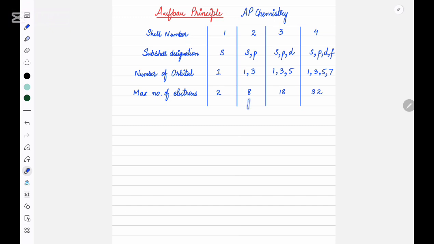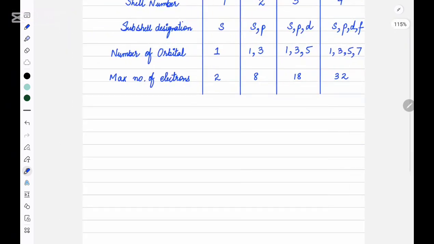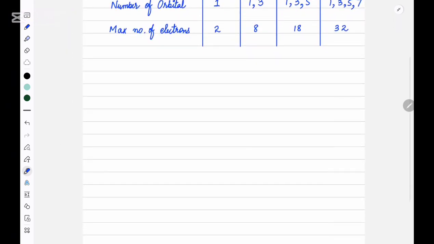The second shell would have 8 electrons. The third shell has s, p, and d subshells, having 1, 3, and 5 orbitals, with a total of 18 electrons. Then we have the fourth shell, which has s, p, d, and f subshells with 1, 3, 5, and 7 orbitals, having a total of 32 electrons.